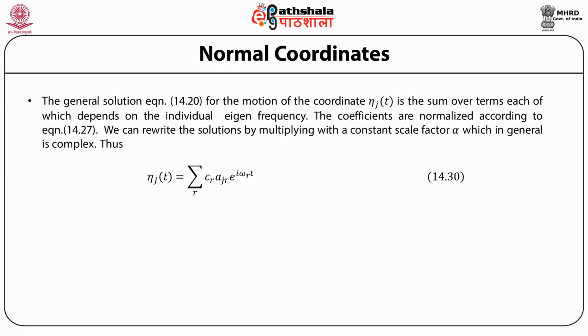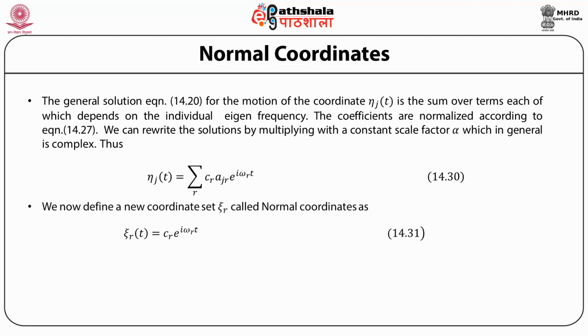Let us now define the normal coordinates. The general solution which we obtained for the motion of the coordinates eta_j is the sum over terms, each of which depends on the individual eigenfrequencies. The coefficients are normalized. We can rewrite the solution by multiplying with a constant scale factor, which in general is complex.